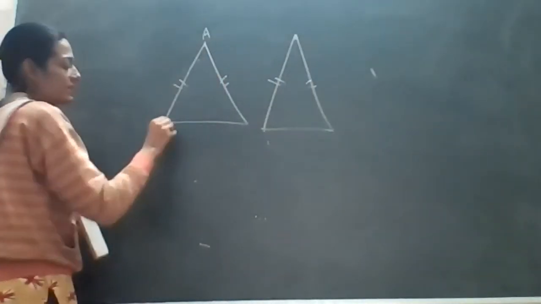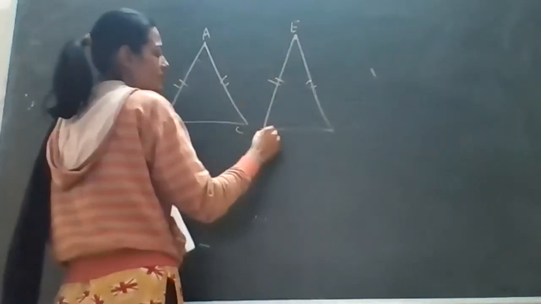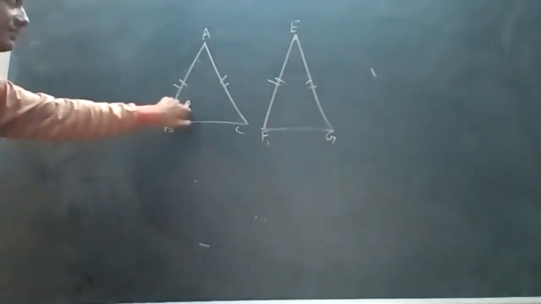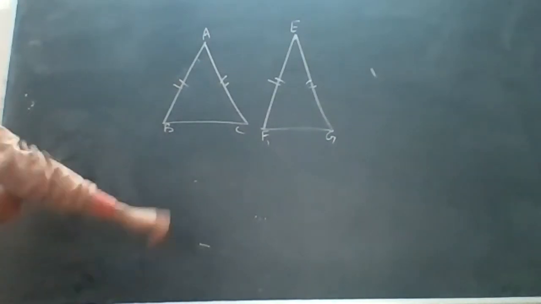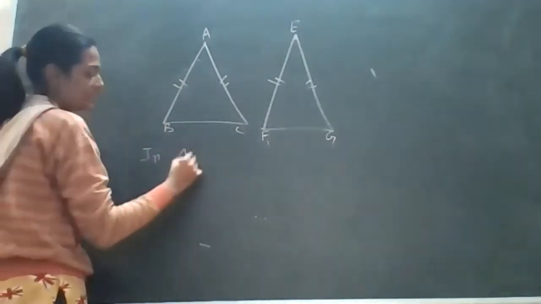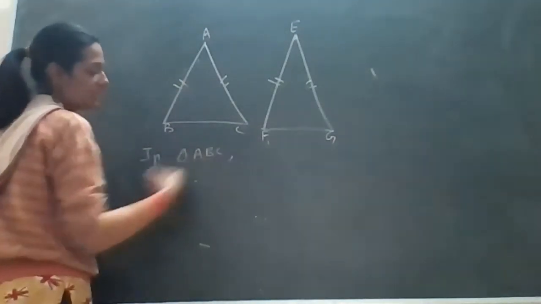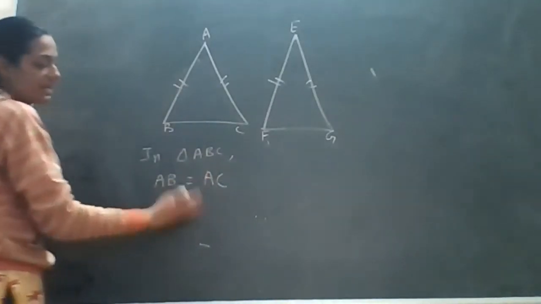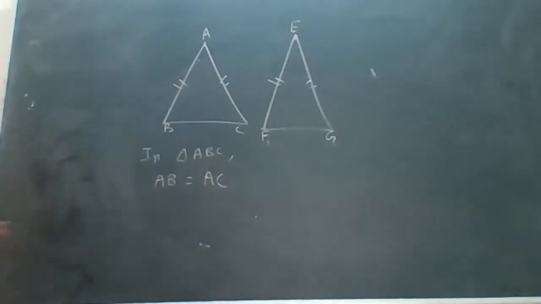I am taking here ABC and here EFG. So here maybe two sides are equal in this triangle, so this is called the isosceles triangle. So I can write in triangle ABC, which is the isosceles triangle, AB is equal to AC.